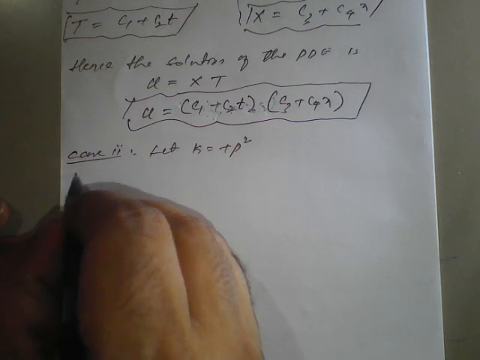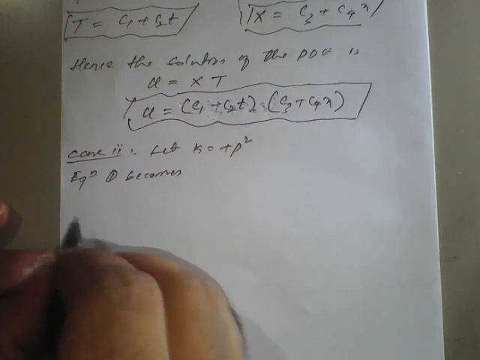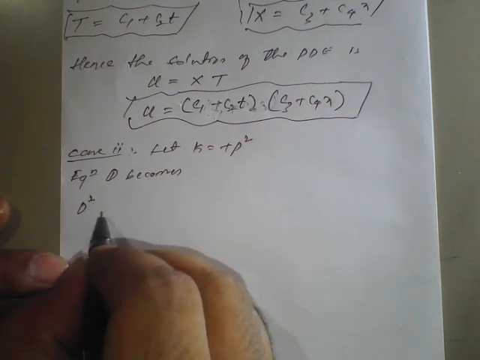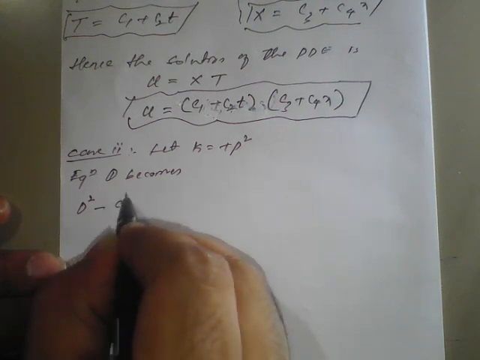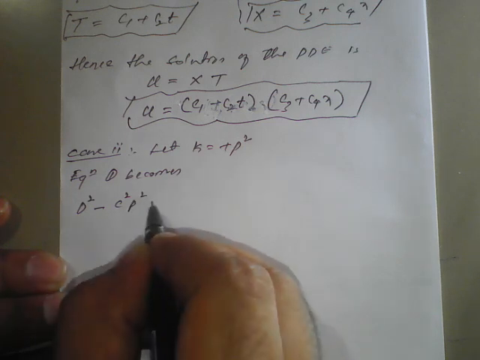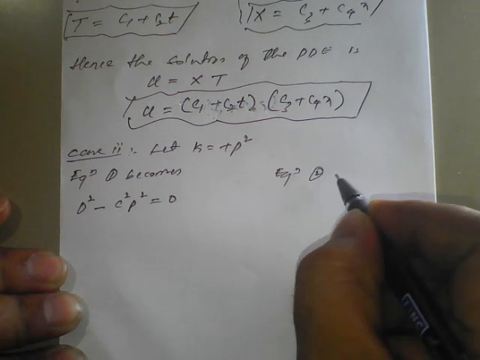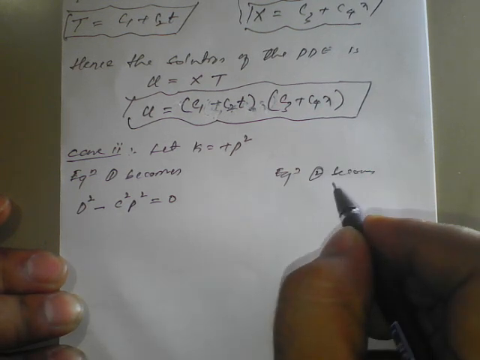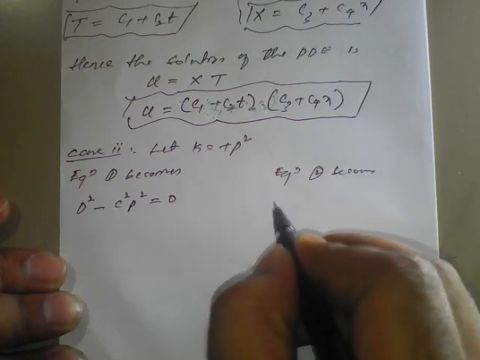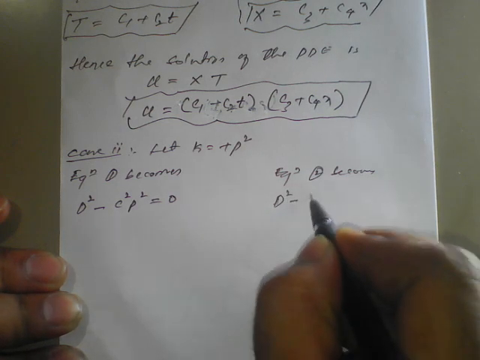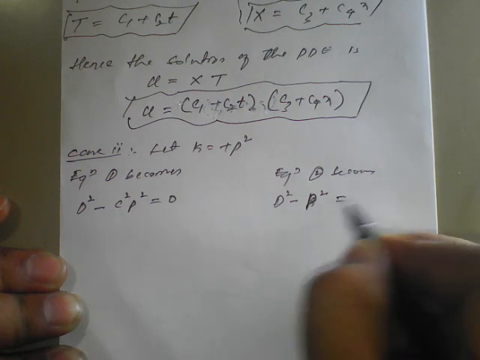So equation 1 becomes D square minus c square p square equal to 0, and equation 2 becomes D square minus p square is equal to 0.